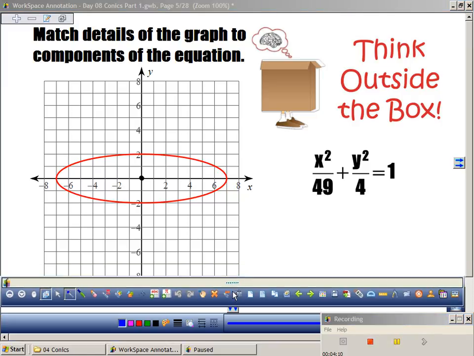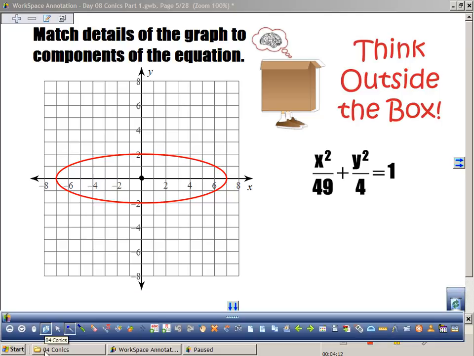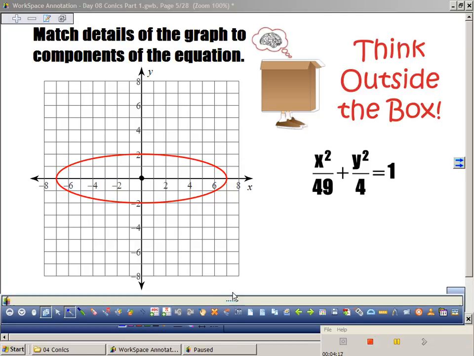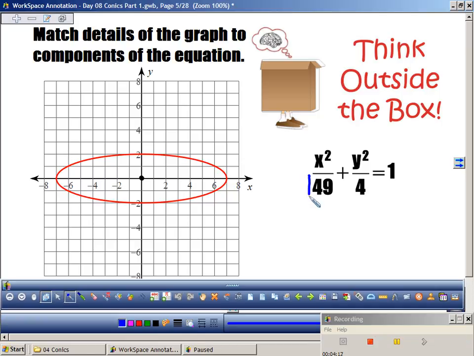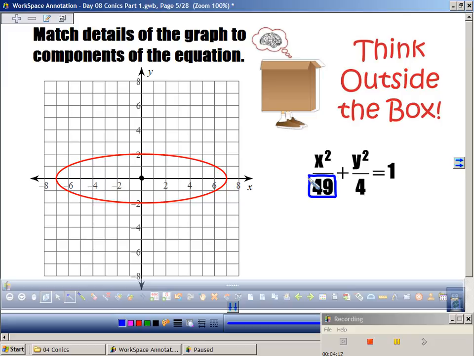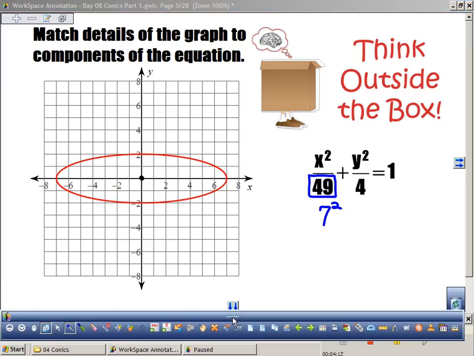Okay, so Michael, can you match a detail of the graph to the equation? The x squared over 49, we could say it was 7 squared. What about the 7?